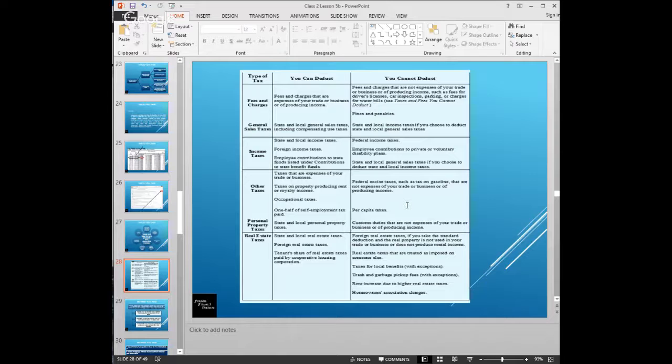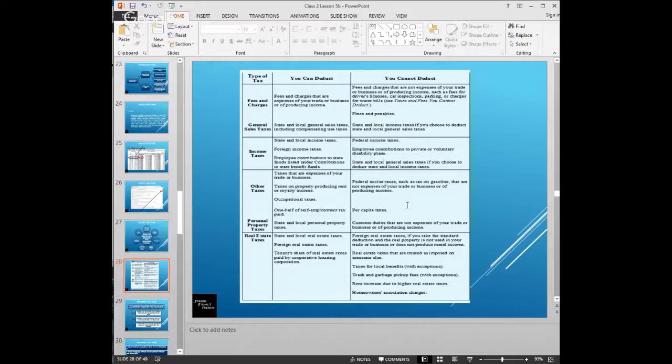Any fees that are charged that are not expenses, for example car inspection fees, parking, anything like that would not be deductible in this section. So if you pay a parking fee or parking ticket to a municipality, just because you wrote a check to a government does not mean that you can deduct it.